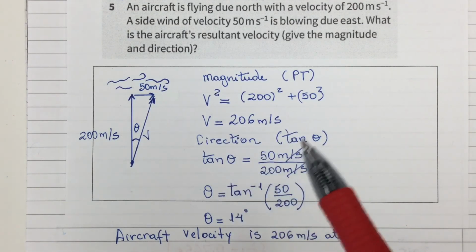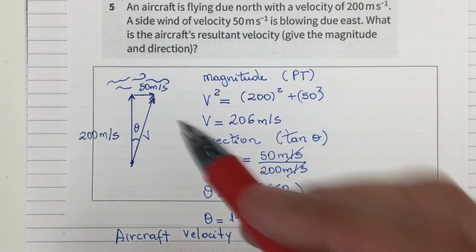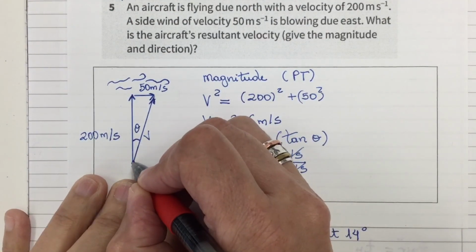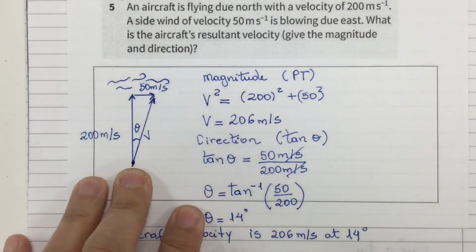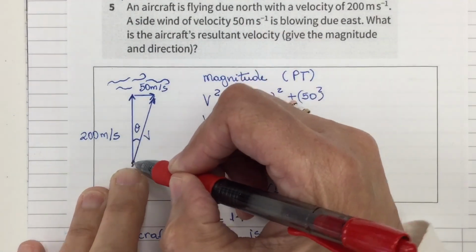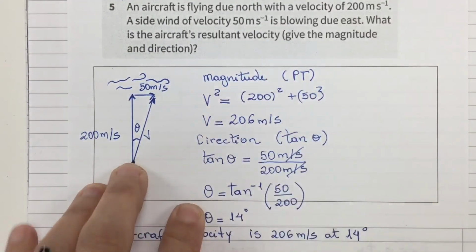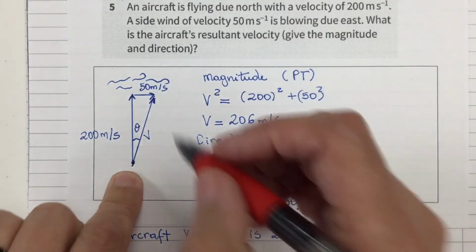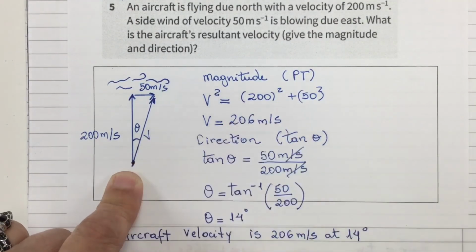To find the direction, we need to set the angle here where both tails meet, the tail of this arrow and the tail of that one. So here is going to be our angle reference.